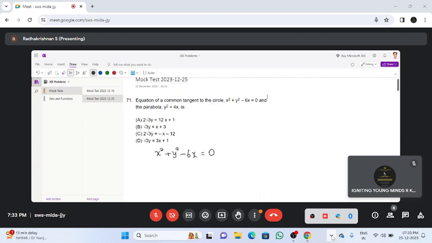Who can tell? Root 6x is the radius, sir. Root 6. Okay. Center?